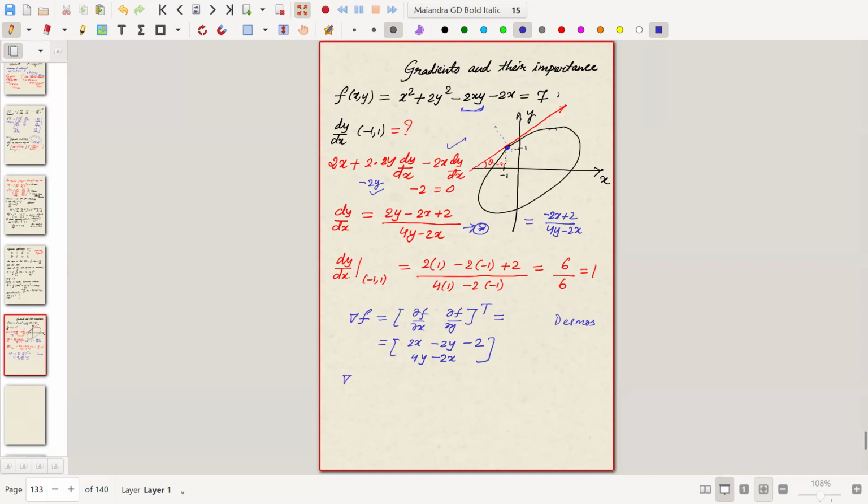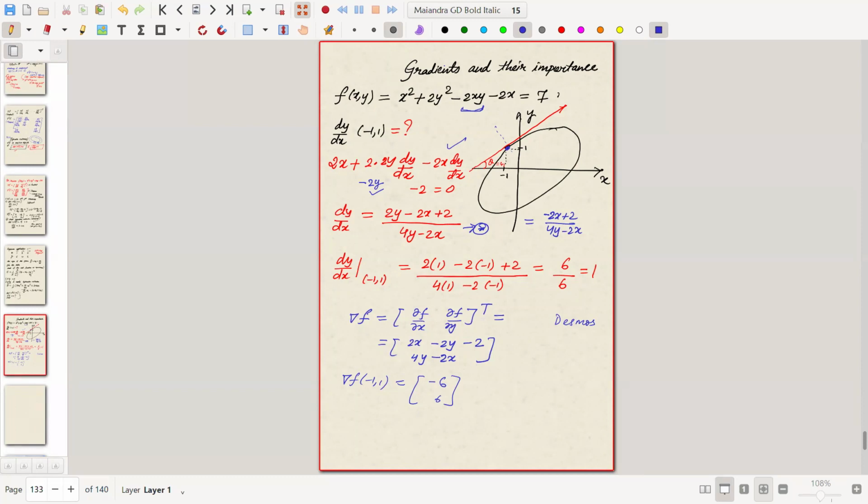Now, can we evaluate the gradient at the point minus 1, 1? What will you get? Can anyone tell me? Is it minus 6, 6? Minus 6, 6 you will get. Where will it lie?